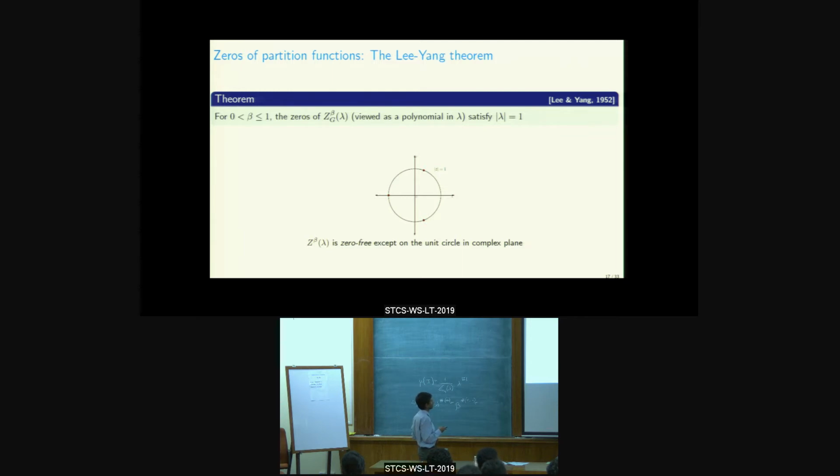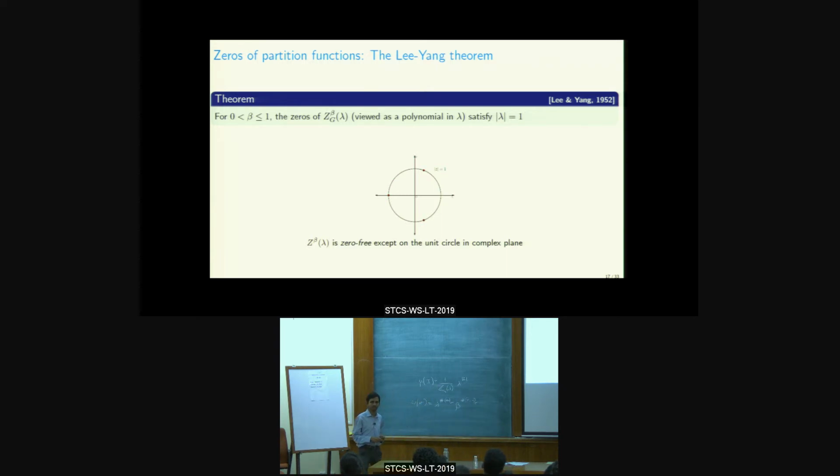Let me just mention the Lee and Yang result again, because that is just nice, and also tells you how you get the result for the Ising model. So just to recall, for the ferromagnetic Ising model, beta is between 0 and 1. The zeros of the partition function, viewed as a polynomial in lambda, this parameter, they all lie on the unit circle.